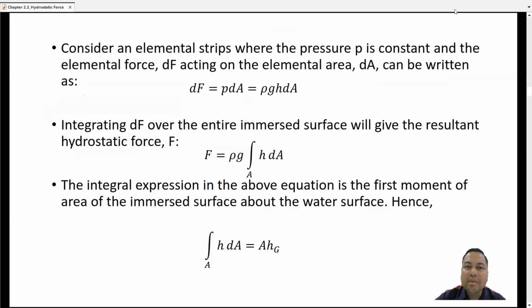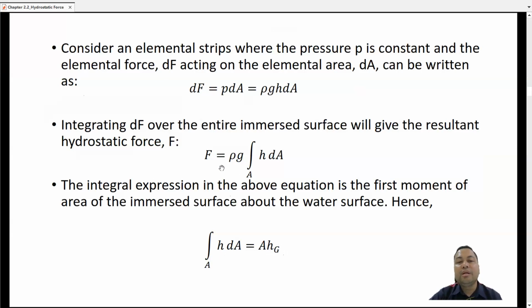Consider an elemental strip where the pressure P is constant, and the elemental force dF acting on the elemental area dA can be written as rho g H dA. Integrating dF over the entire immersed surface will give the resultant hydrostatic force. The integral expression in the equation is the first moment of area of the immersed surface about the water surface, which is A Hg.